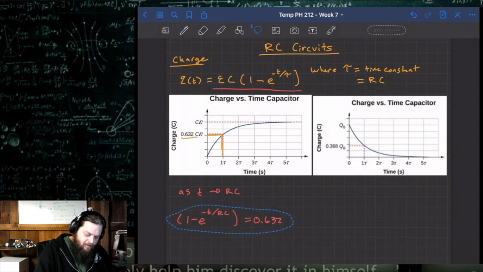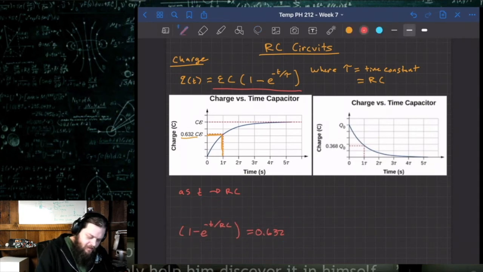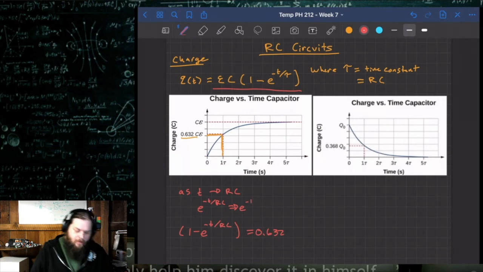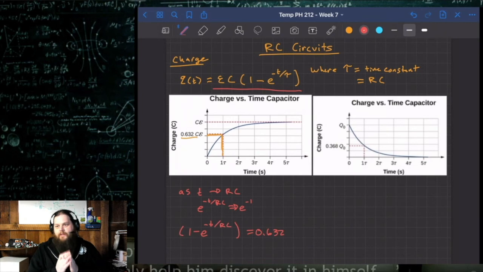Because as it approaches, I can really say that e to the negative t over RC approaches e to the negative 1. Because once t and RC are equal, that fraction becomes just 1, and e to the negative 1 power is just 1 over e. And if you plug that into your calculator, you get about 0.368, which is the value we have there while it's discharging.